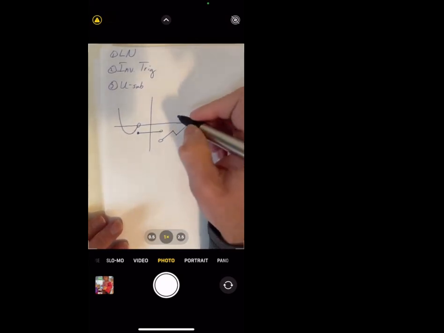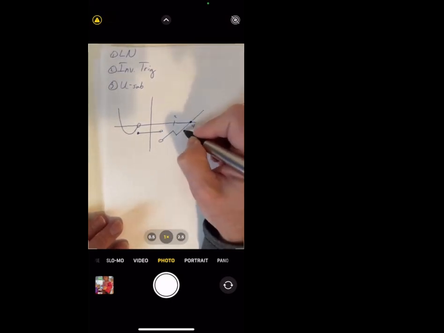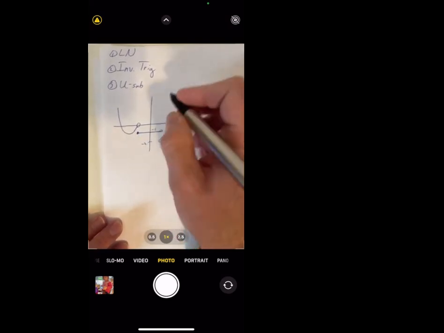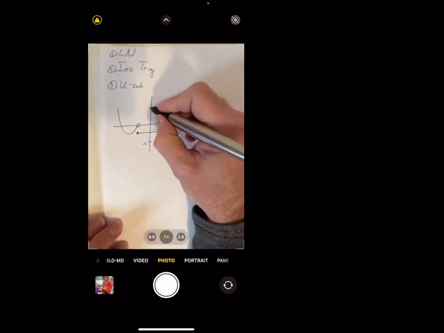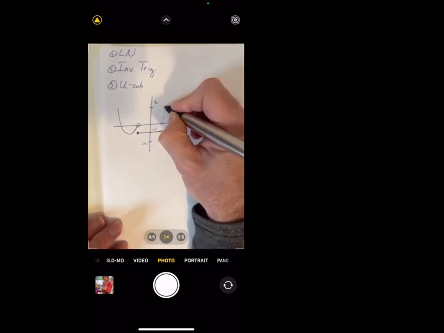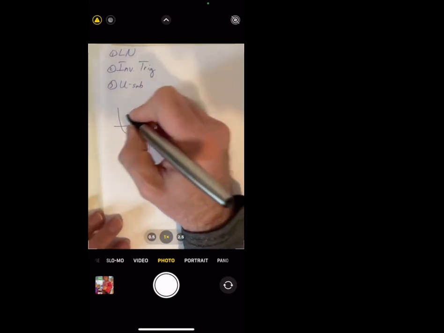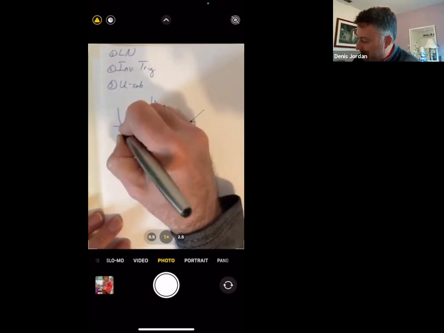Okay, so that's 4. And this x value is -1.